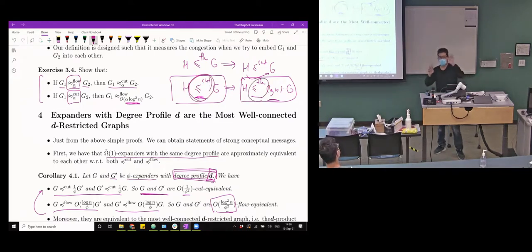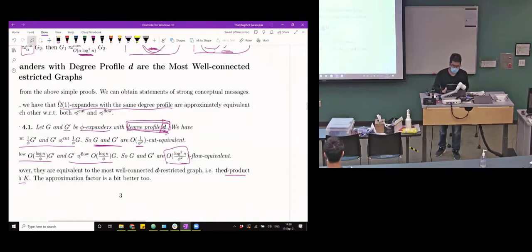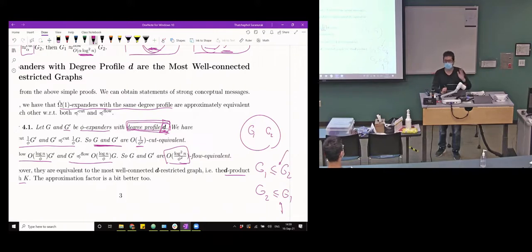I mean that they are within some factor of log n or log squared. If you have G1 and G2 in the same class, then G1 is less than G2 and G2 is also less than G1, maybe with some log factor.